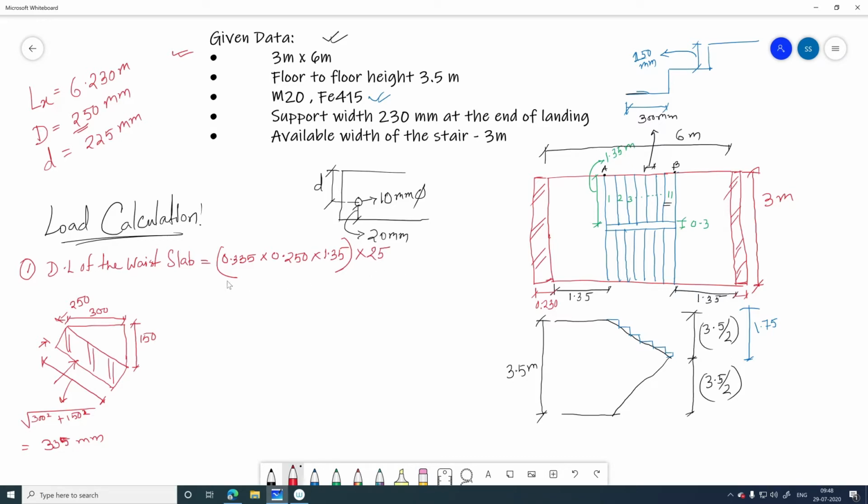Now this particular dead load is for 0.3 meter horizontal distance. Look here, if you can see, this is the horizontal distance.